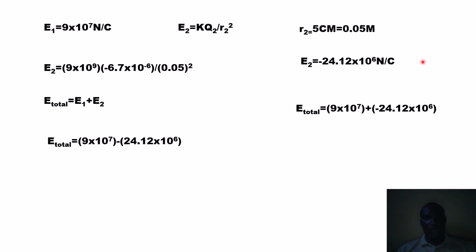Then for us now to get the total electric field intensity, we are going to add this E1, this is our answer, plus this is our answer. Then if you add them together, it will give us what? Okay, note, since we said it is a summation, E1 plus E2, but note our E2 is negative, so we put everything in the bracket, and there will be an expansion here, or opening of the bracket, and if positive is multiplied by negative, it will give us what?